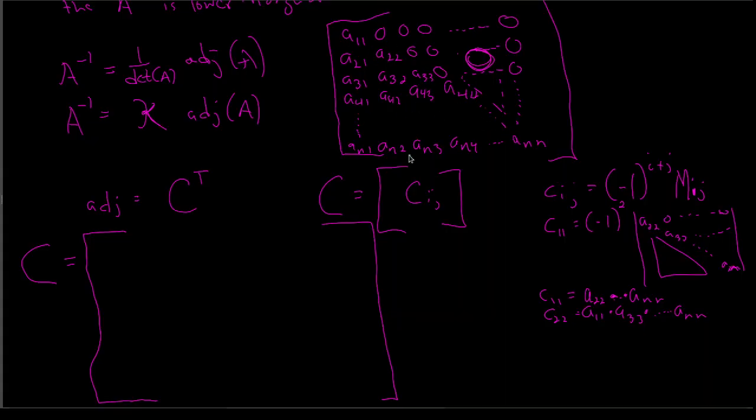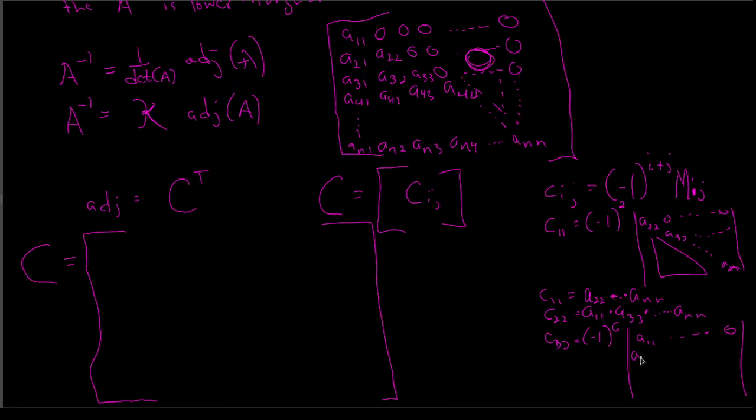Because for any one of these cofactors, if I cut out their row and column, so if I look at A33 specifically, C33 is going to be -1 to the 6th times the minor. I'm going to cut out the third row and the third column. So I'm going to have A11 and then all zeros over to here.